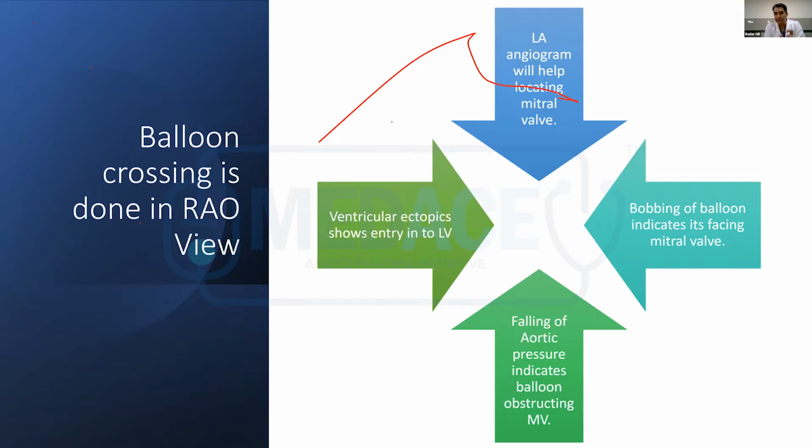Fourth, when we are entering the LV, there are ventricular ectopics, which show that we are entering the LV from the mitral valve. So these four points are important. They show we are successful in crossing the balloon, which is normally done in RAO view.